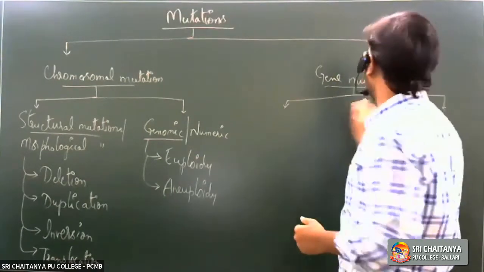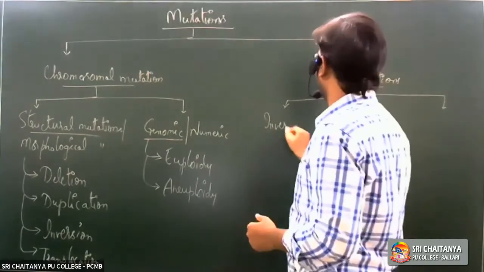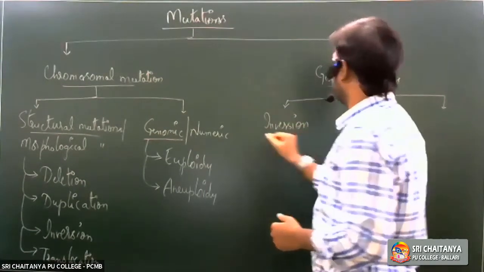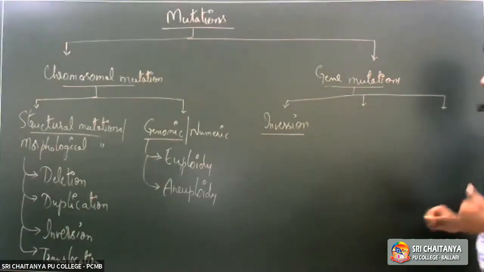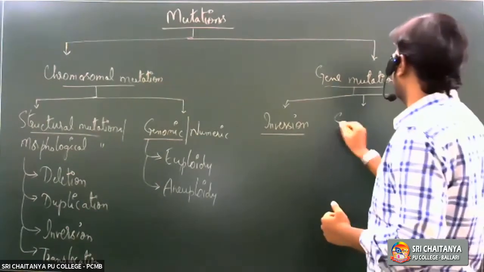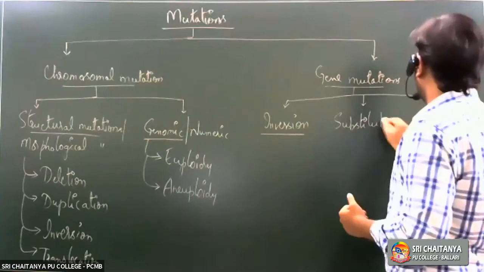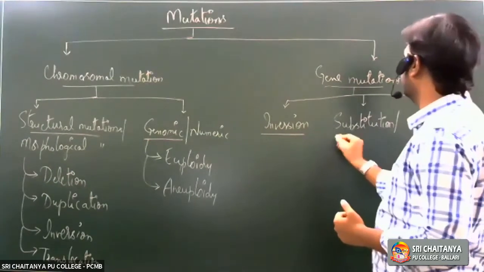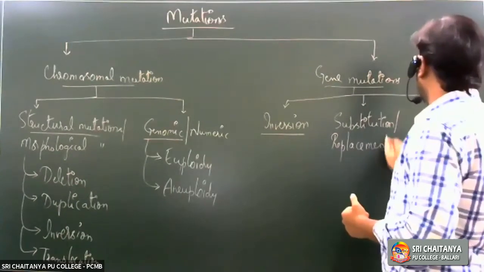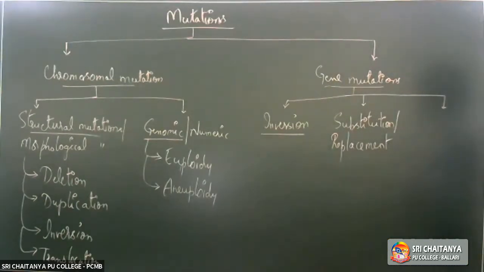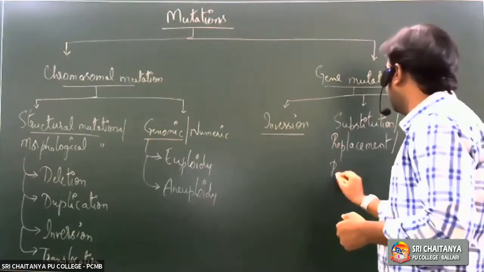The first one is the inversion type of gene mutation. The second one is called substitution mutation, or replacement mutation. There is one more name also given to it: we also call it point mutation.